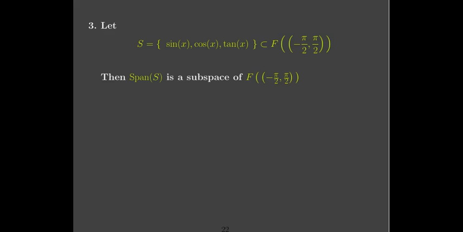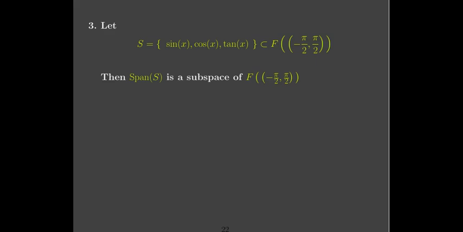All right, here I have three functions. They're all defined on the open interval from negative pi over 2 to pi over 2. Then their span, remember span is the set of all linear combinations of those three functions, is a subspace. And that's the same thing that we saw in Euclidean spaces.